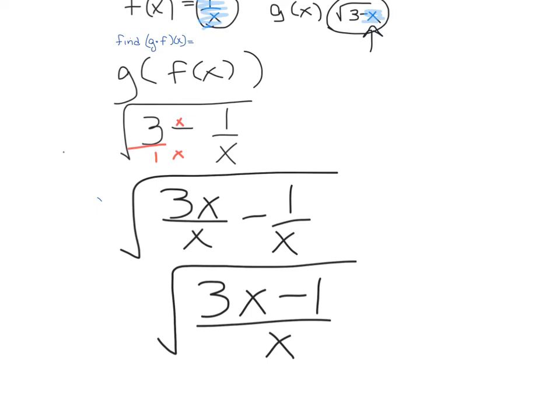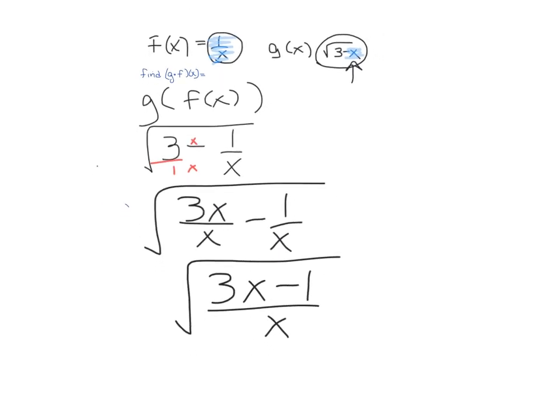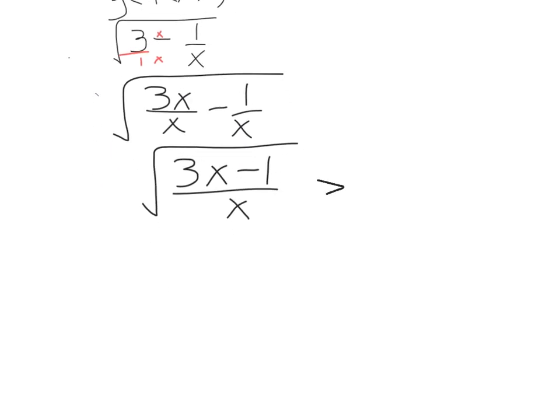Now, remember, what's under a radical can never be negative. So I'm actually going to set this up similar to what we did at the end of chapter 1. Remember those rational inequalities? So this is what I need to solve. So my radical here cannot be less than, it has to be greater than or equal to 0.